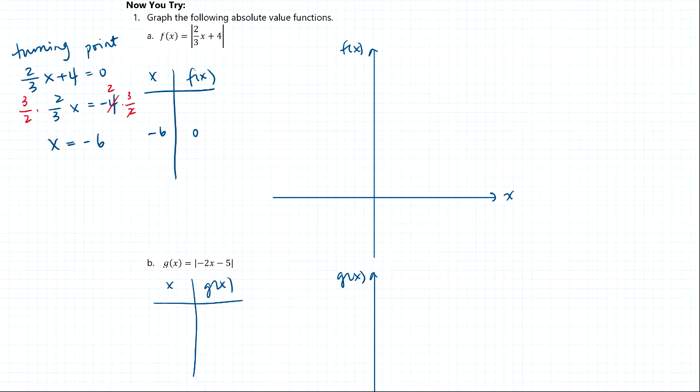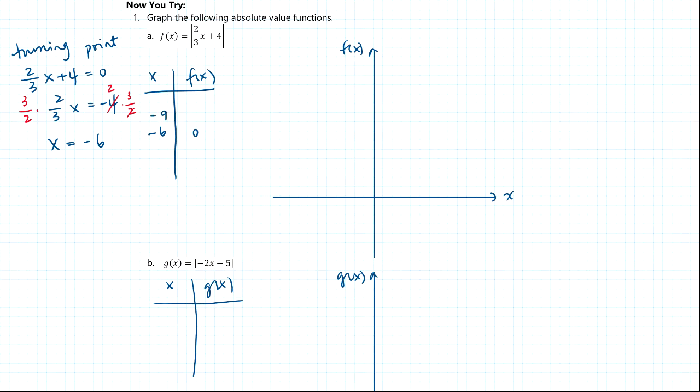Next, if we want to pick the x values, I suggest looking at the denominator being 3. That tells me if I pick multiples of 3 for the x value, I can have nice and even numbers, so I'm just working with integers instead of working with fraction operations. These are some nice little tricks that we can do. Going from -6, I want to go something smaller, so let's do -9, for example.